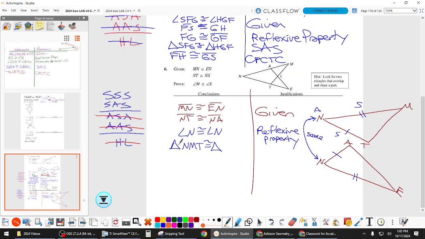Was that what you said? Yeah. Okay, let's check. E is the one sticking way out. I think E goes with M, yep, and then A goes, yeah, good. Does everybody agree? Alright, and then how do we finish off? Remember, once we have proven that the triangles are congruent, all corresponding parts are. So no matter what that last piece said, as long as they're corresponding, we can just say CTCTC.